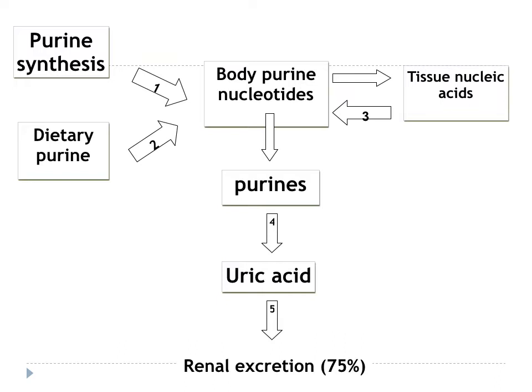If there is something wrong with the kidney, uric acid will also rise, because there will be a reduction in the excretion of uric acid from the body. 75% is excreted outside the body via urine, and 25% by intestinal uricolysis by bacteria.